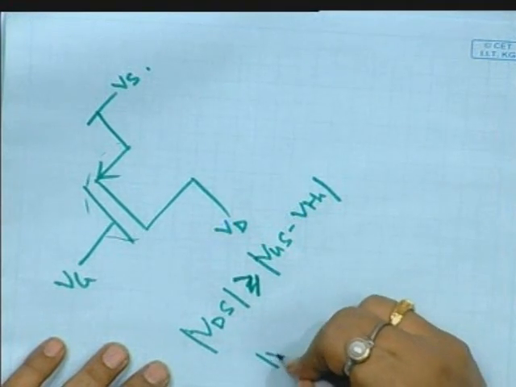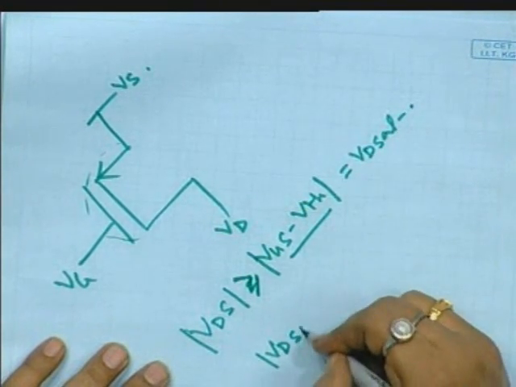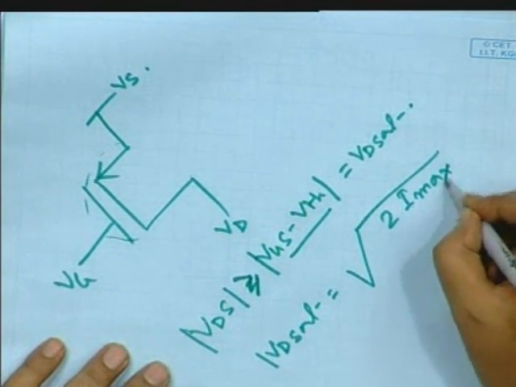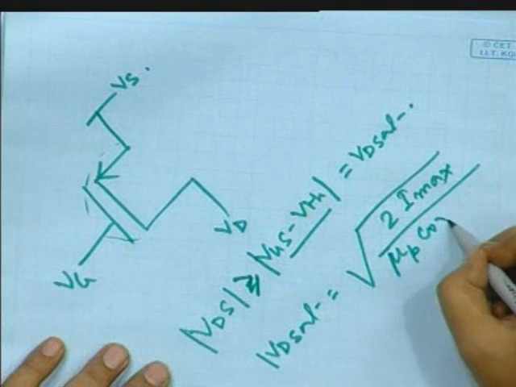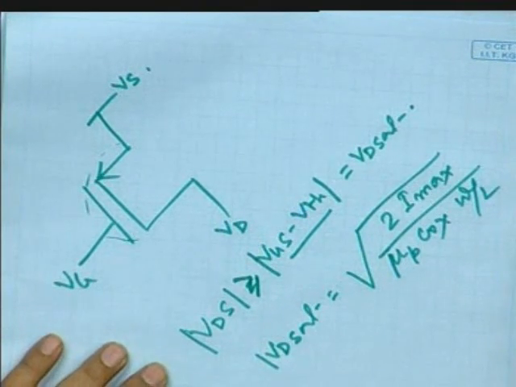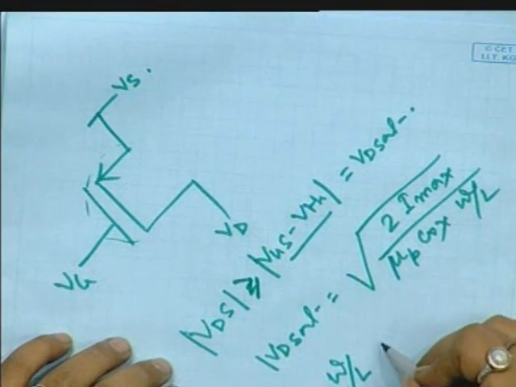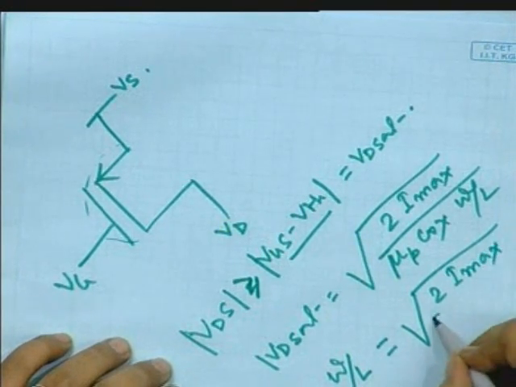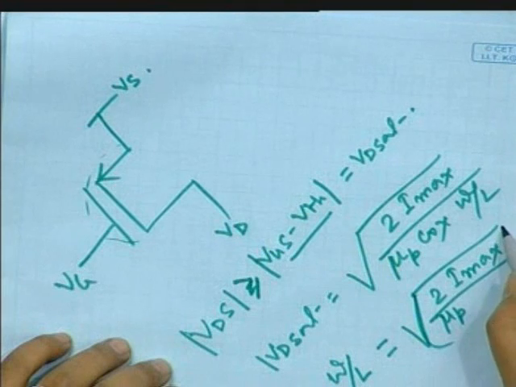So mod VDsat should be equal to the square root of 2 Imax, the maximum load current, by mu P Cox W by L. It is quite known to you, this formula. From that you can see that W by L is equal to 2 Imax by mu P Cox VDsat squared.